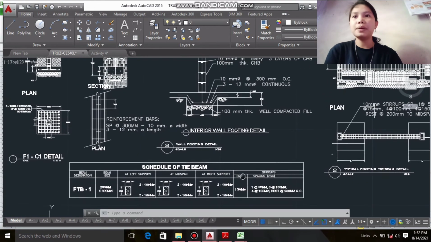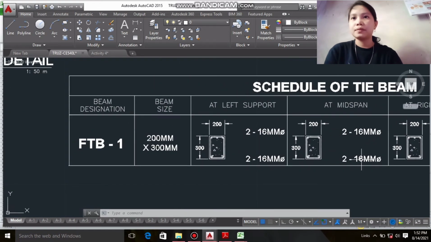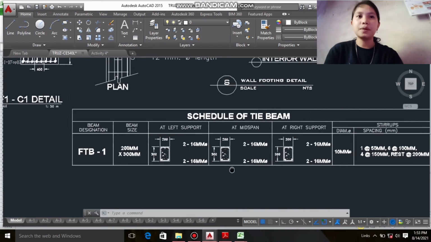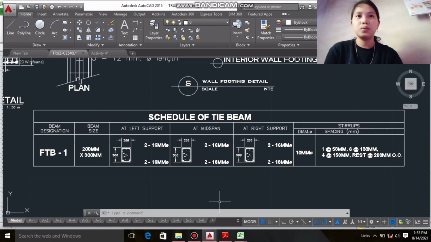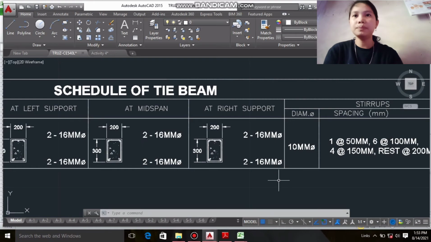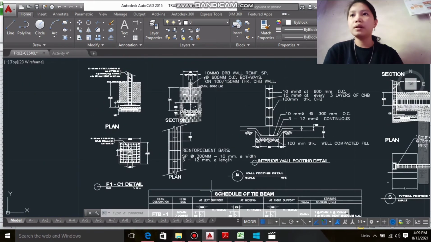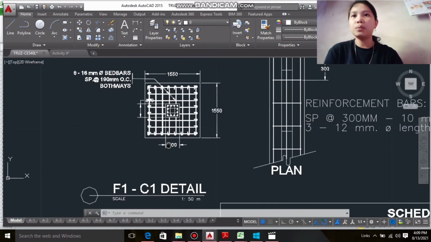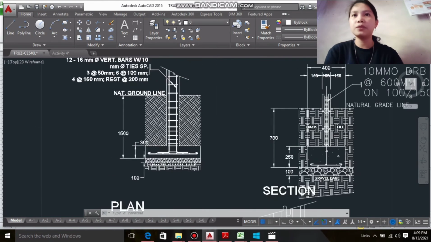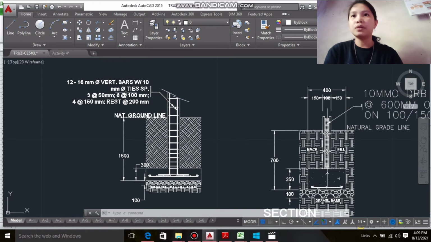And for the schedule of tie beam, so it is 200 by 300 mm, lap span, which is the diameter of 10 mm, and the footing 1 and column 1, 400 by 400 mm, and 1550 by 1550 for the footing.